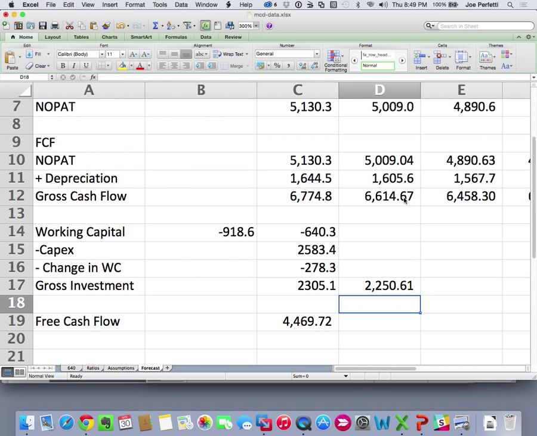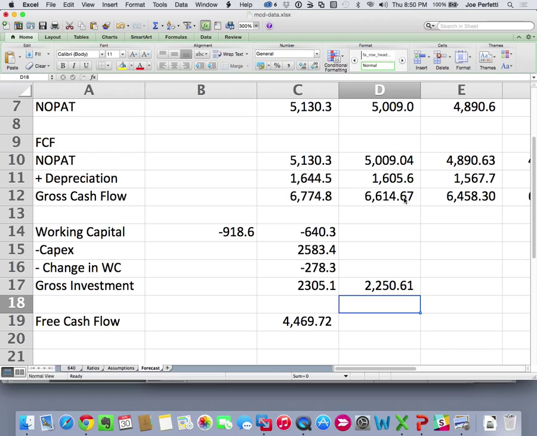So rather than forecasting CapEx and working capital changes, I'm going to simplify it and forecast a reinvestment rate. So what percentage of those gross cash flows are being reinvested? In 2014, it was that. That's why I wasn't going to worry about the operating cash, to keep it simple.